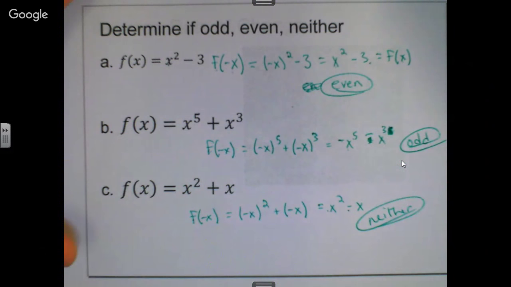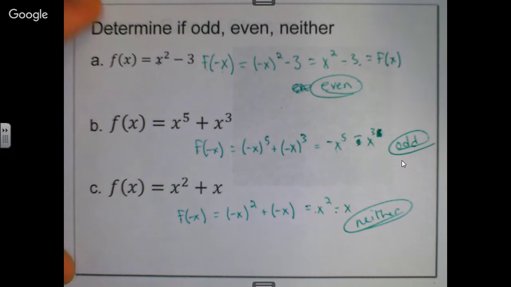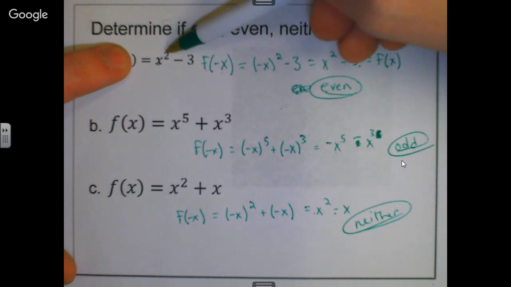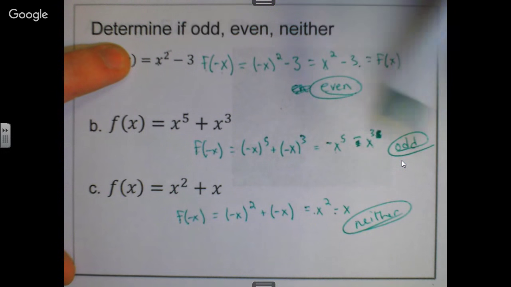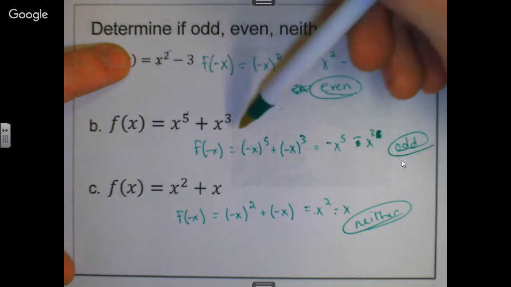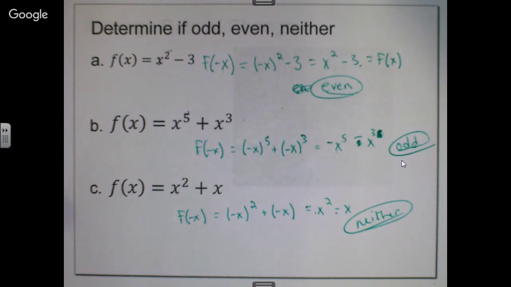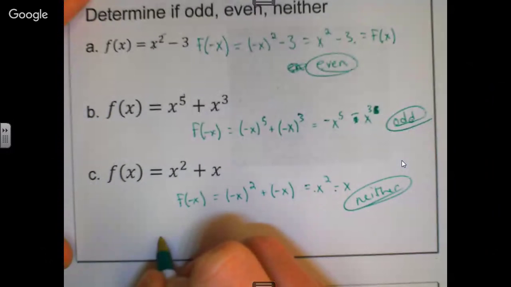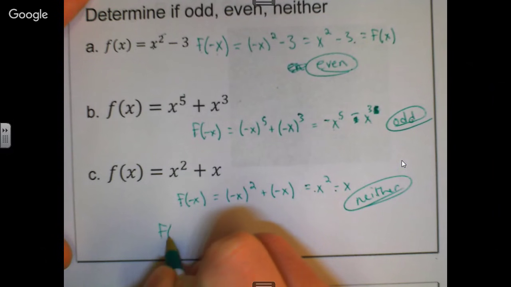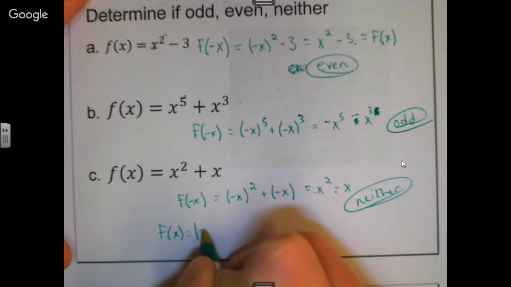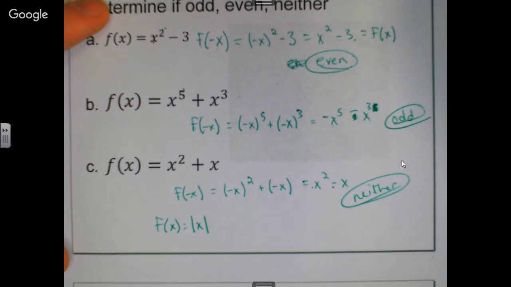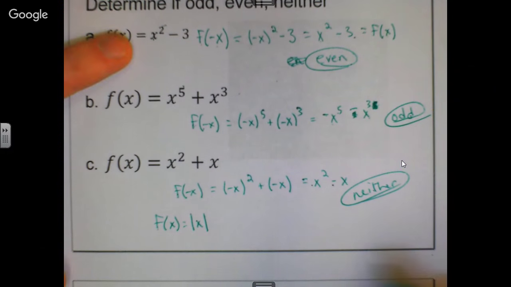Now you may have noticed, if it's even, my exponents are even. If it's odd, my exponents are odd, and if it's neither, I've got both. That is a good indication of what's going to happen, but it won't always work like that. Let's say f of x equals the absolute value of x. We just can't look at the power because there is no power.